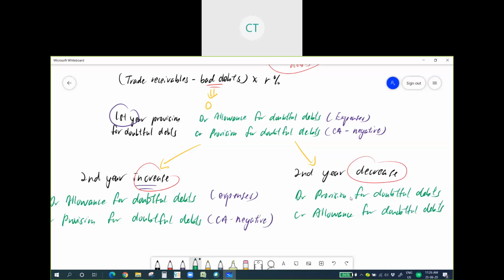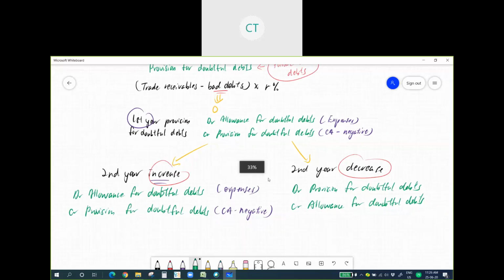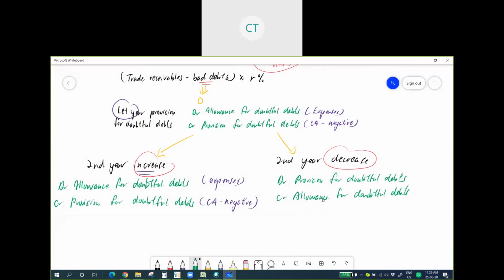So by using a comparison, you can see that the double entry is totally different. So in this situation, this is also CA but negative. But the second one will become income for the company. The second one will be income of the company.